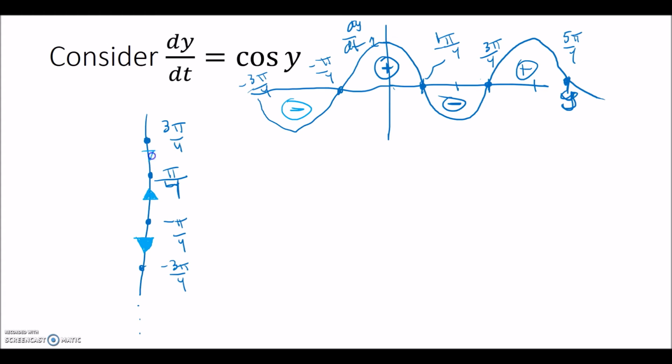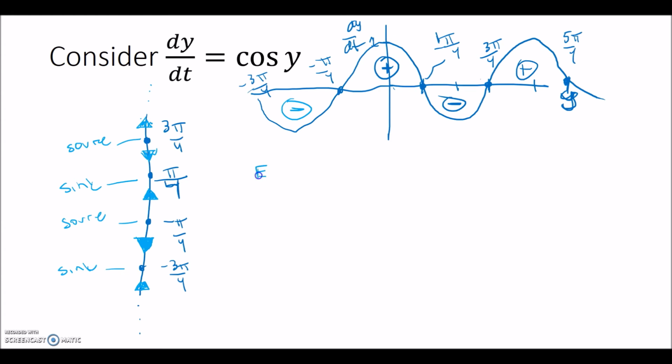And similarly, negative here and positive slope here, and this will again continue on. And so I have a source and a sink and a source and a sink, and we will actually have alternating sources and sinks because over one interval between equilibrium points, dy/dt is positive and then negative and then positive and then negative, and this will repeat indefinitely.